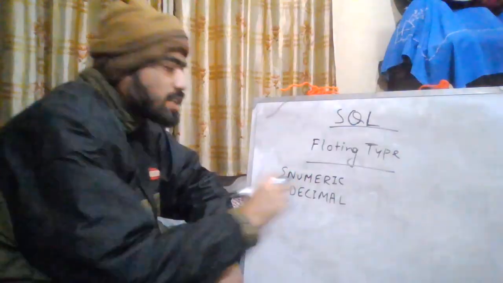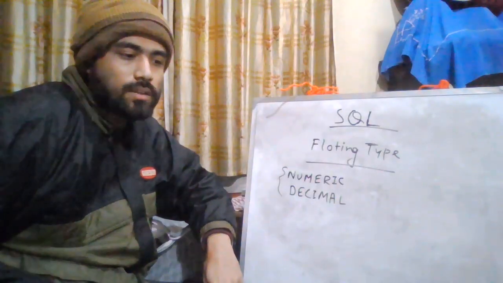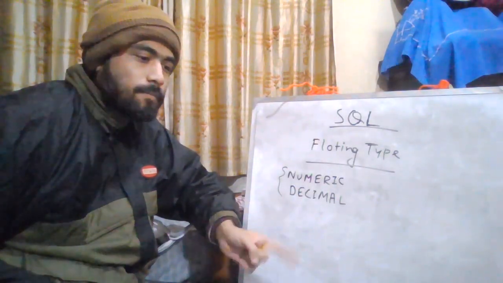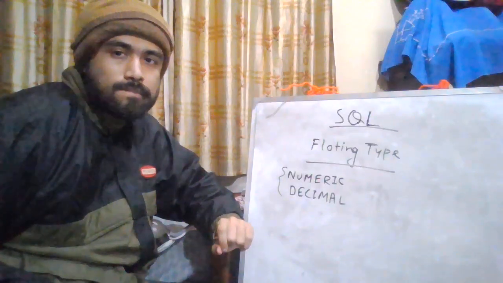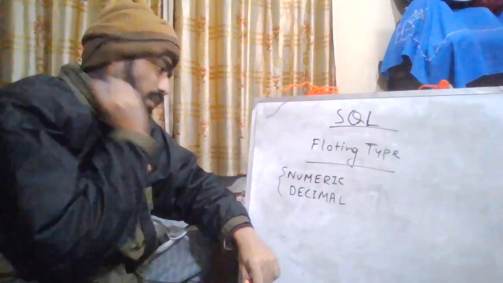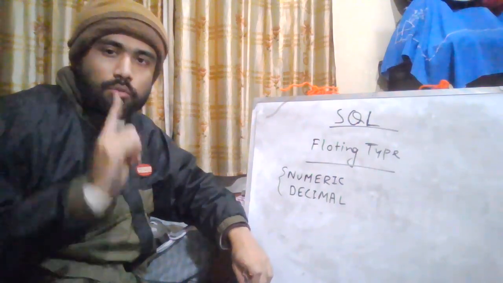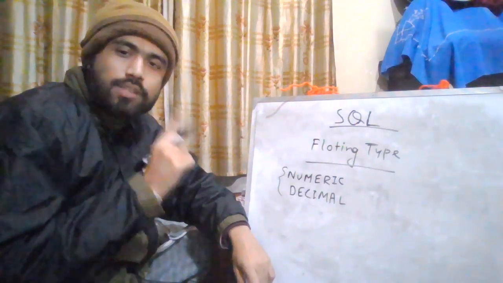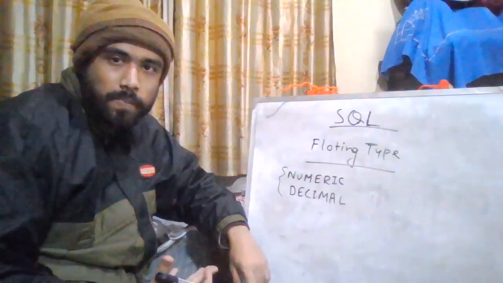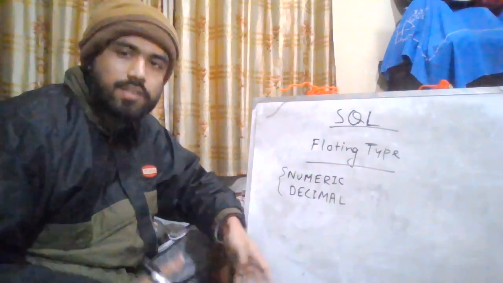So what is the specialty of numeric and decimal? At first, the storage size is variable. What is variable? Variable means which can vary, which is not constant. Constant means it cannot change. Variable type means it can change.